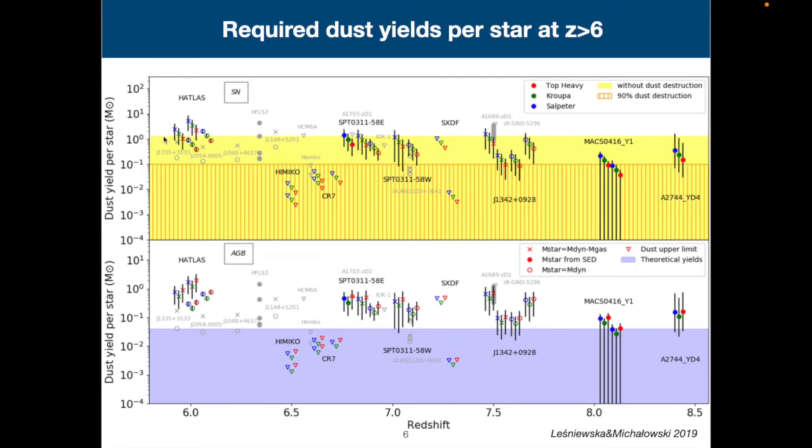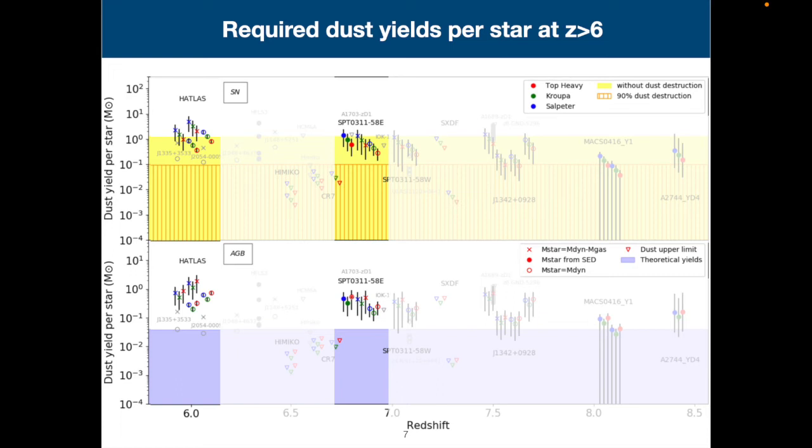Here is 0.3 solar mass of dust without, 1.3 solar mass, which is without dust destruction. The dashed region is 90% of dust destruction by supernovae, and in the case of AGB stars, it is 0.04 solar mass. So these are the 3 limits. What can we say about our galaxies here?